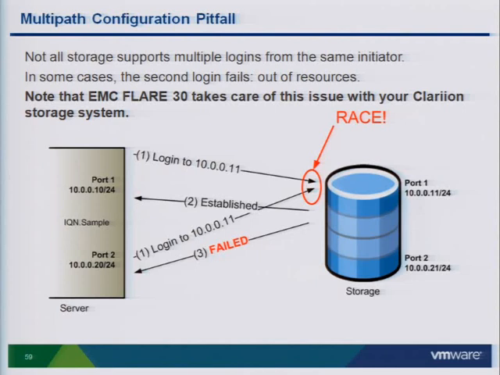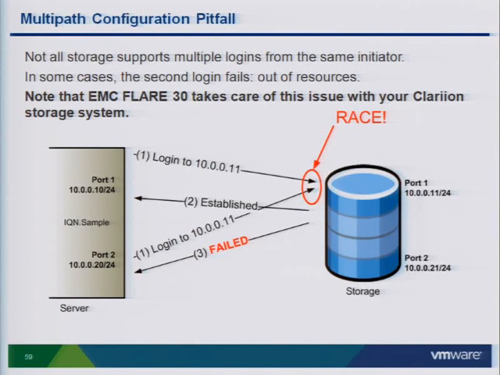One of the chunks of hardware that had problems until last week were Clariions. Flare 30 came out last week and solves this problem. So before you go through and implement this, just go upgrade to Flare 30.